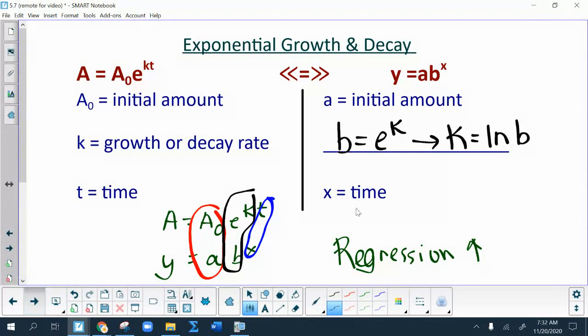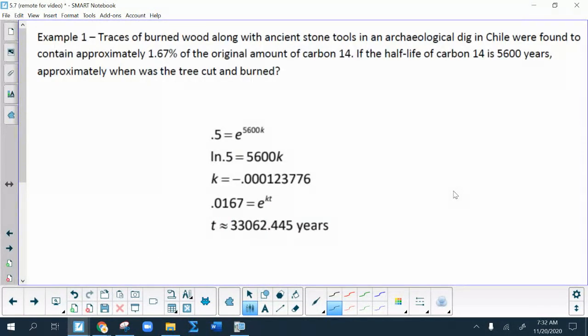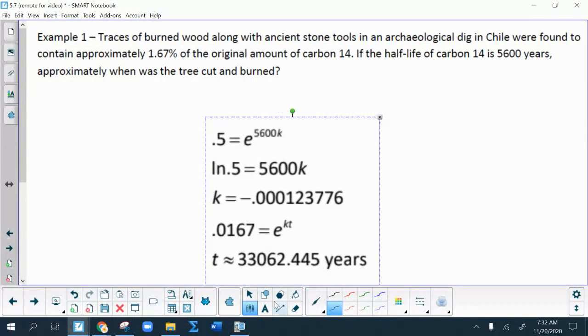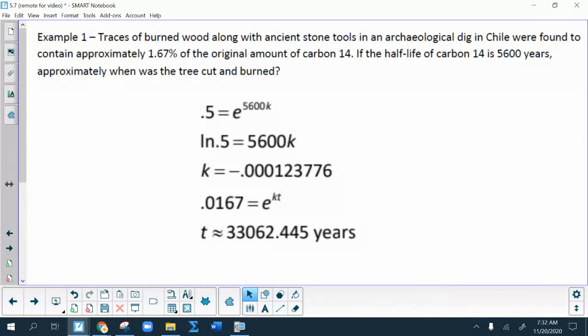All right, the first example was actually worked out for you on your paper. I just want to point out to you what was done, and then we're going to do another one that's similar. This says that there were traces of burned wood along with ancient stone tools that were found at an archaeological dig. They were found to contain approximately 1.67% of the original amount of carbon-14.